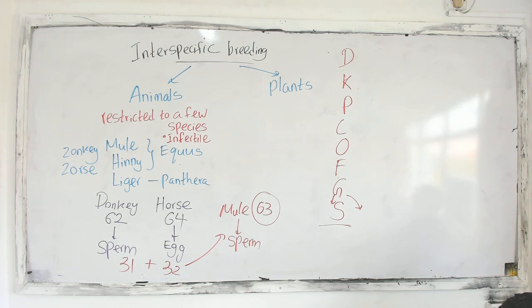Next point: offspring can develop into adults, but may not develop functional gametes, within brackets, sterile. Sterile means infertile.